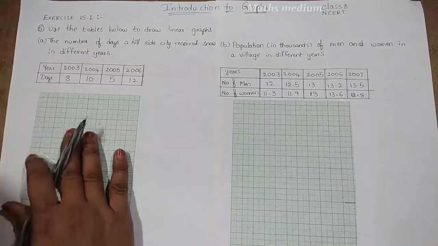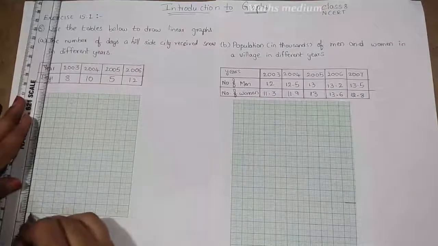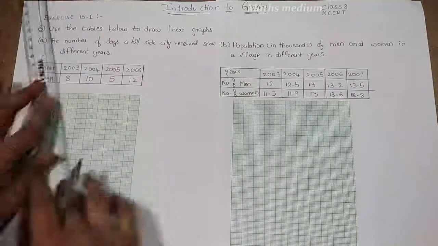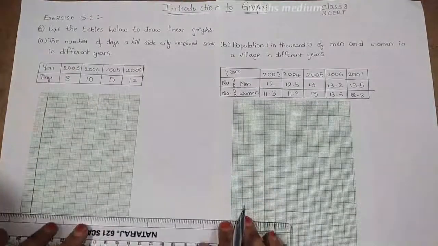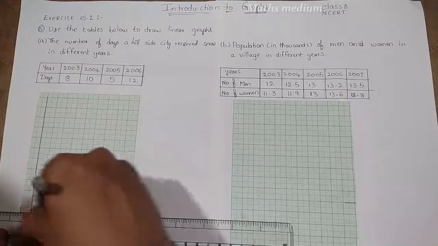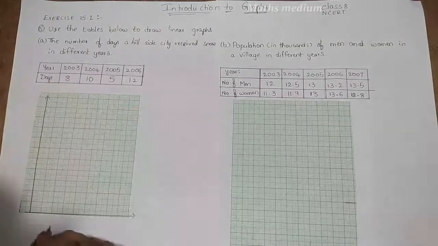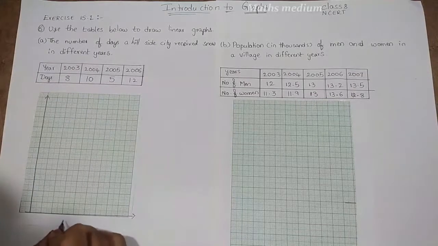So I am taking a scale for this axis. So this is for another axis, the horizontal axis also. So this is one and this is the next one. In this I am taking years.